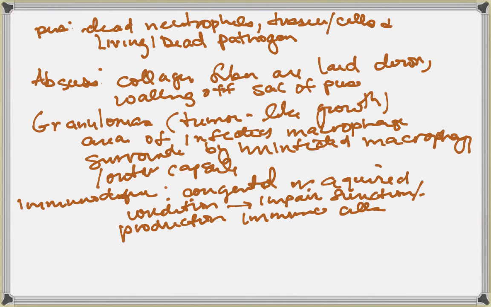So, severe combined immunodeficiency syndrome, or SCID, is under this, and it's basically a genetic defect. And it's marked by a deficit in B and T cells.